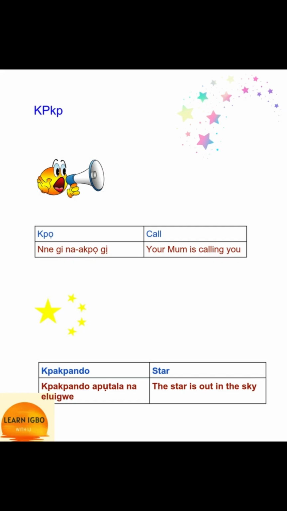Welcome back. Our next letter is KP. In the English alphabet, this is two letters, K and P. But in the Igbo alphabet, this is one letter, KP. Example, kpọ, call.